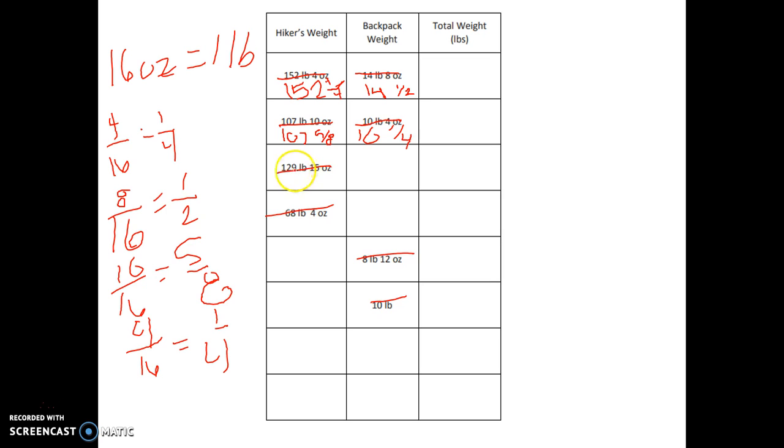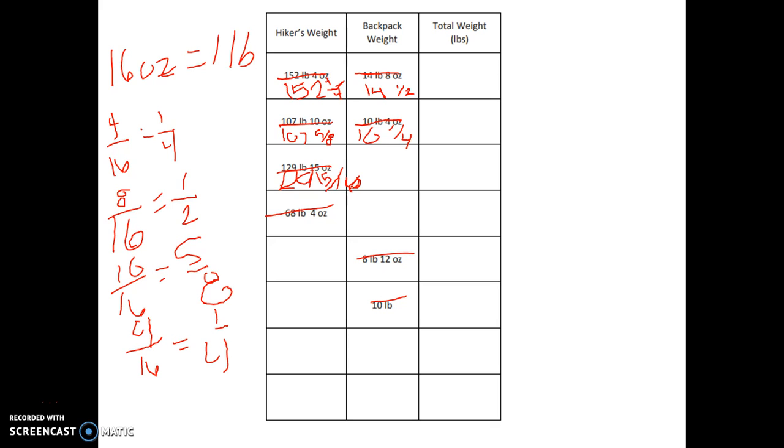Backpack hiker number 3 is going to be 129, and 15 out of 16 is as far as we can reduce that one. 15 out of 16. Goodness, that got messy. Now we have to start filling in what the backpack's going to be.